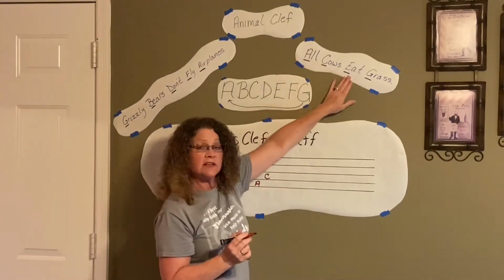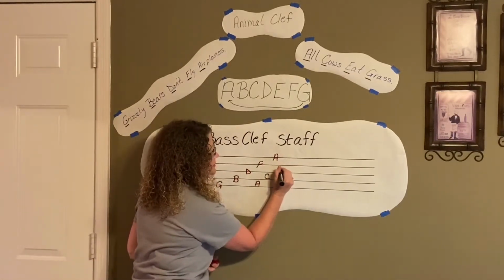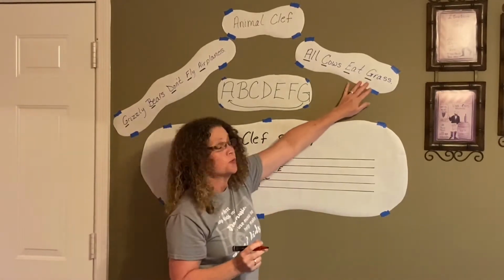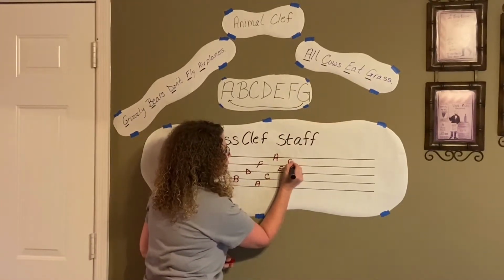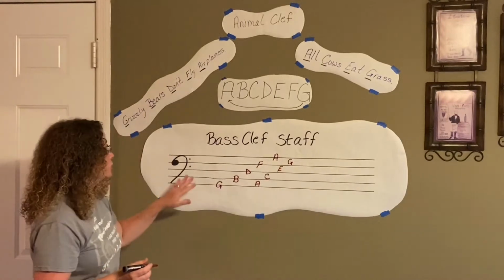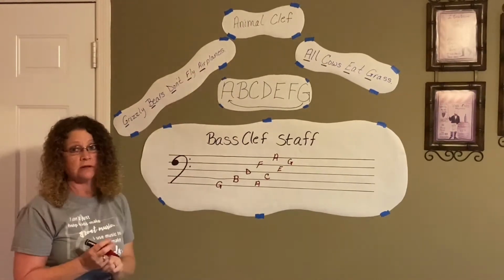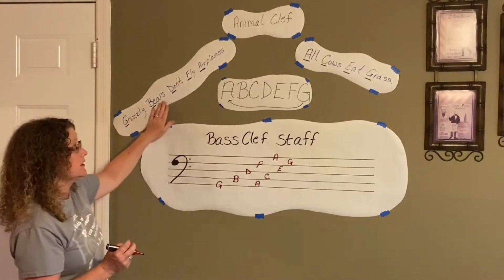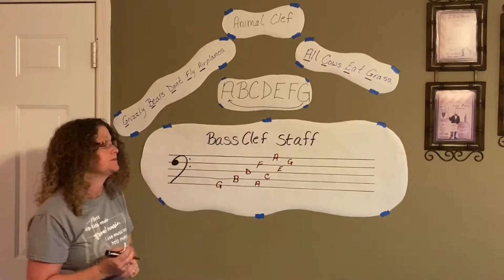All cows eat. E is the name of your third space. And grass, G, is the name of your 4th space. So with the bass clef, we have 2 sentences, and they both deal with animals. We have the grizzly bears for the lines and the cows for the spaces.